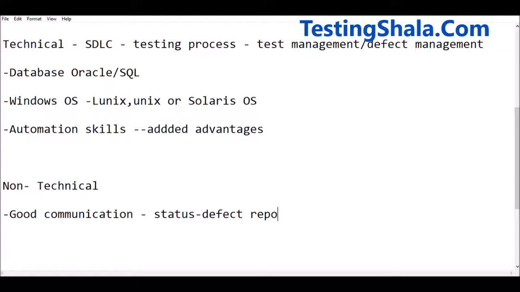Even when you are logging a defect, your good communication skills will come in handy, because you have to give defect reports with the detailed steps, so that if someone wants to reproduce the issue, these communication skills would really come in handy for being a software tester.